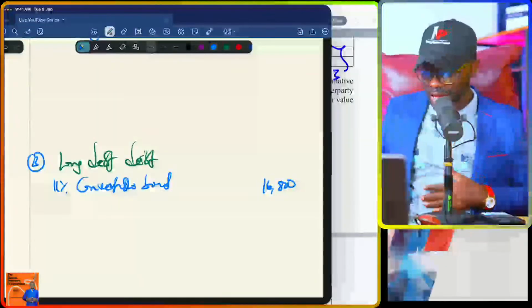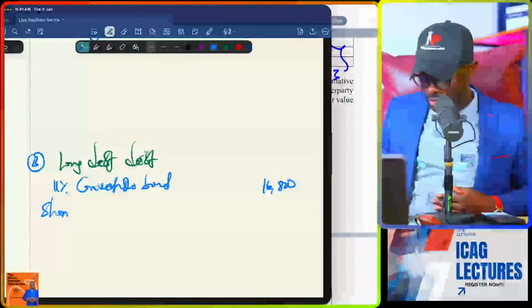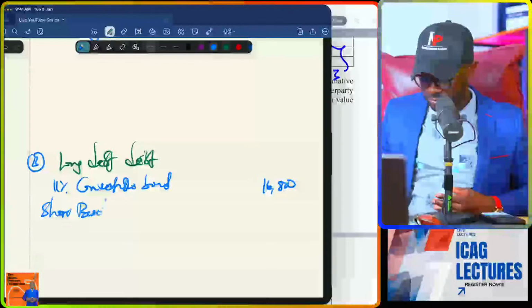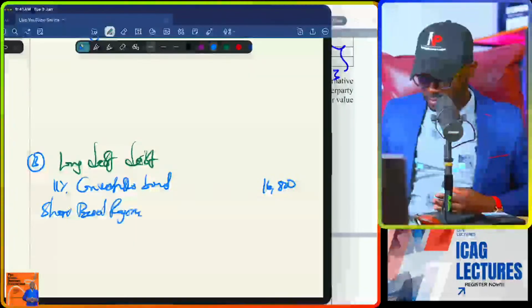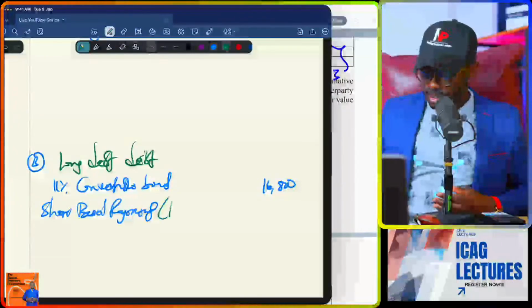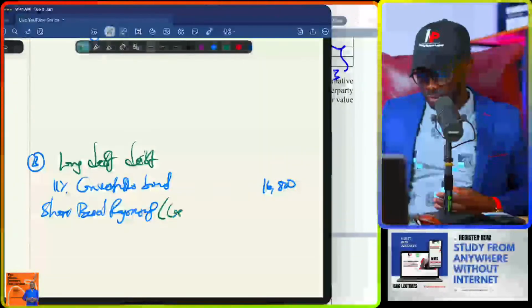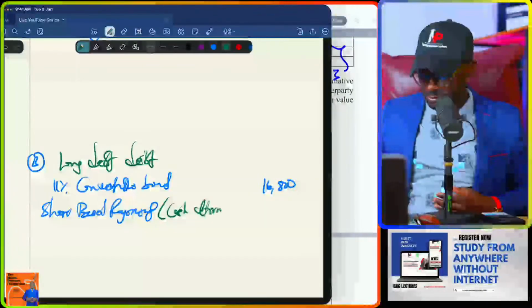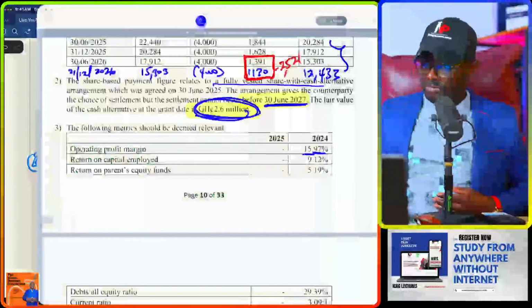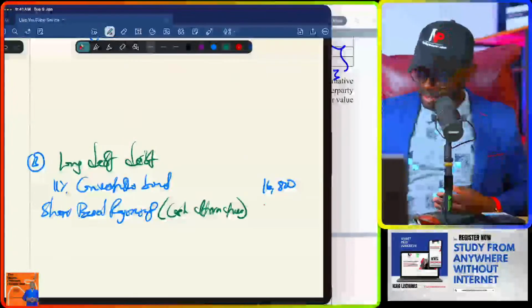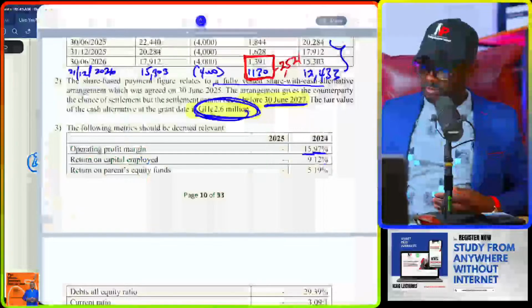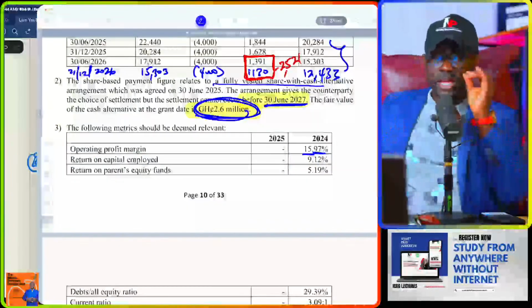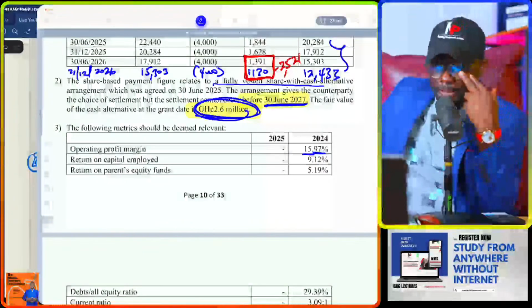So we bring that up, the share-based payment liability, the cash alternative, which is the 2,600.